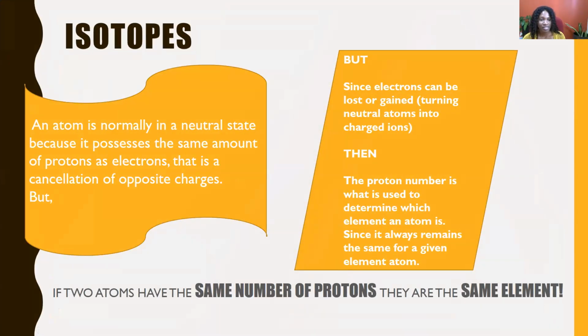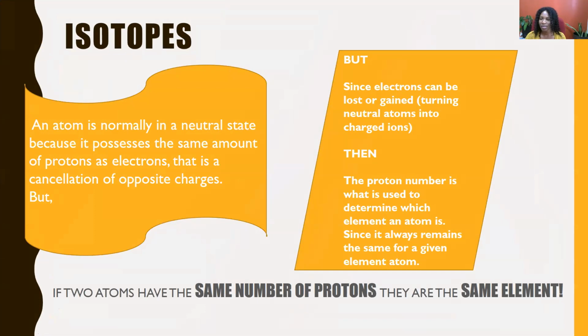Okay, so let's run into isotopes. An atom is normally neutral, as we would have said before, because the number of protons is equal to the number of electrons. And so because it is in a neutral state, it must possess the same amount of protons as electrons. That is a cancellation of the opposite charges.